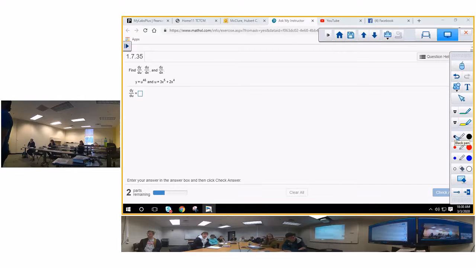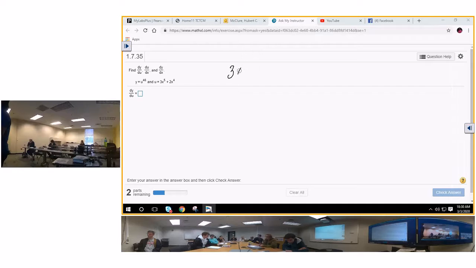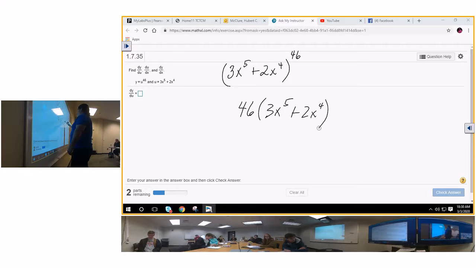So, u is equal to 3x to the 5th plus 2x to the 4th raised to the 46th power. 46, 3x to the 5th plus 2x to the 4th to the 45th power times 15x to the 4th plus 8x to the 3rd.